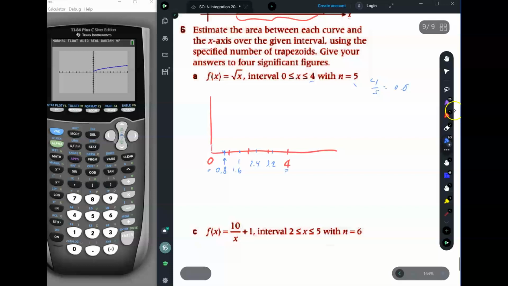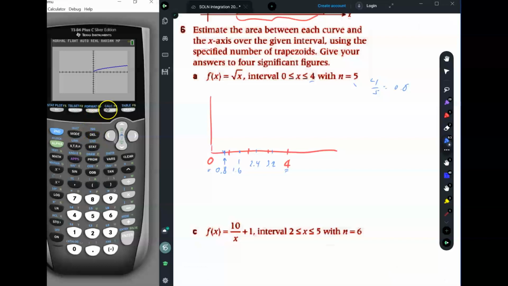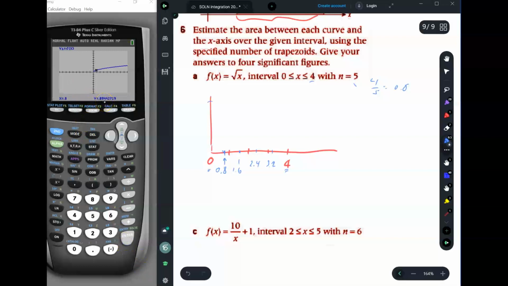And I'm going to get the y values that correspond to those. One way you could do it is to use trace. So you could press trace, and then type in 0.8, and you could find out that the y value that corresponds to 0.8 is 0.894. And you could use that to help graph your picture.